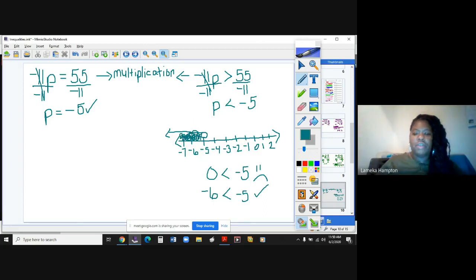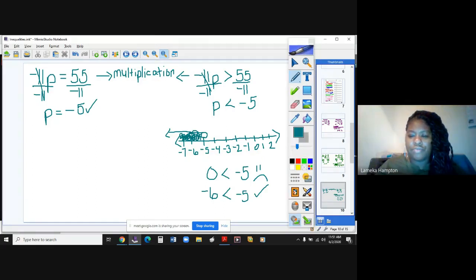All right. Now, I have time for one more example as it relates to flipping the sign when you are dividing and or multiplying by a negative number. And I believe, if I'm not mistaken, this is also in the properties of inequalities handout that I gave you all, or emailed you all yesterday.